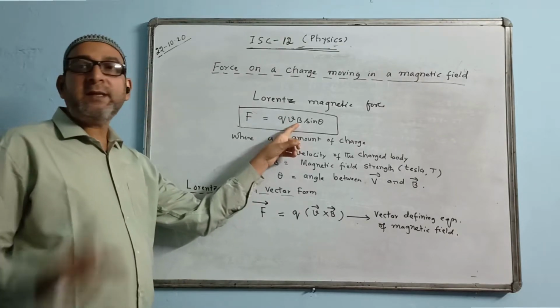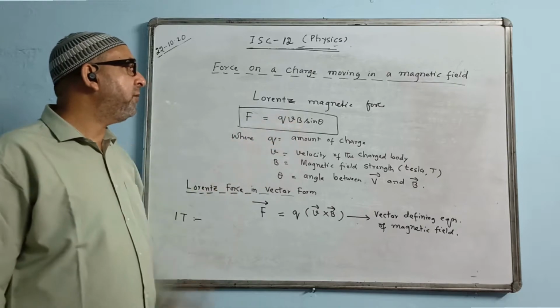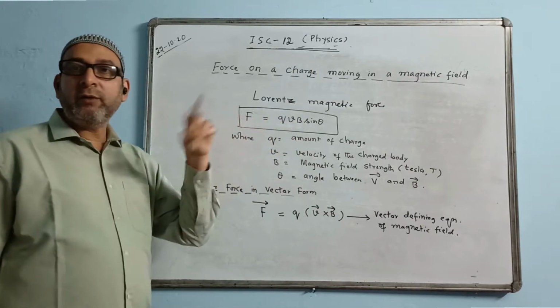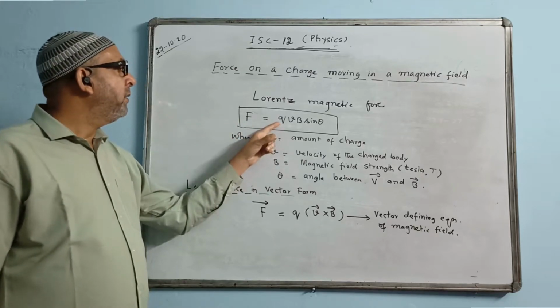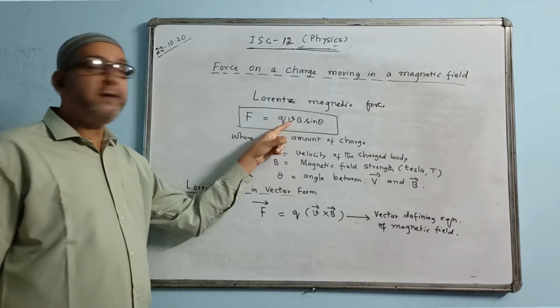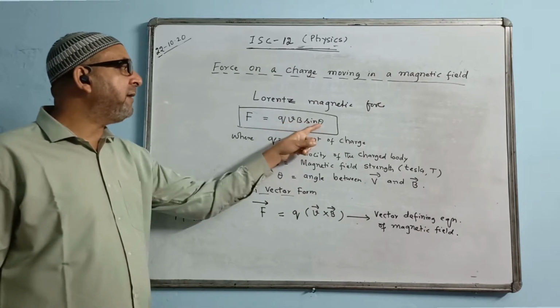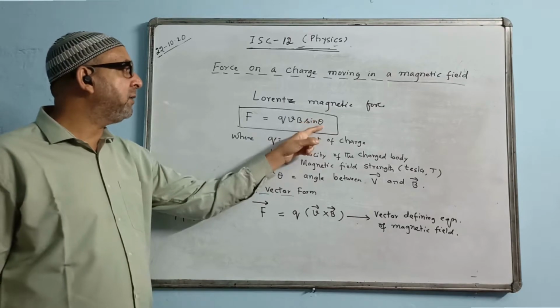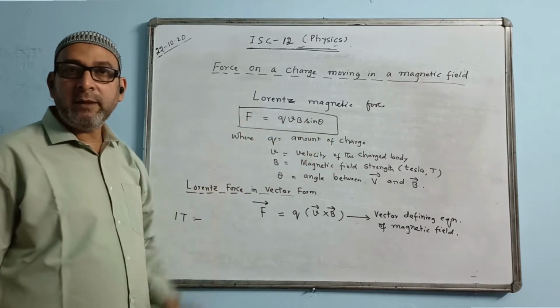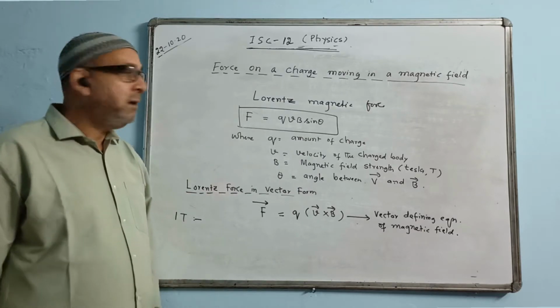The value of B, we must get 1. How can we get it 1? We'll take the value of force equal to 1 Newton, charge 1 coulomb, velocity 1 meter per second, and theta value 90 because sin 90 is 1. The entire calculation will give the value of B equal to 1, then the value of B becomes 1 Tesla.